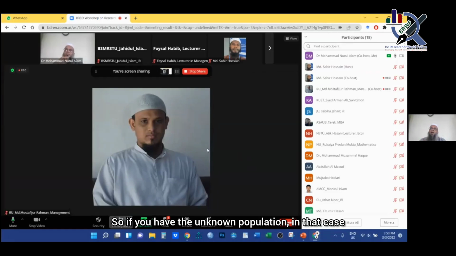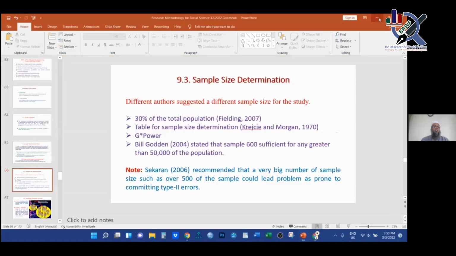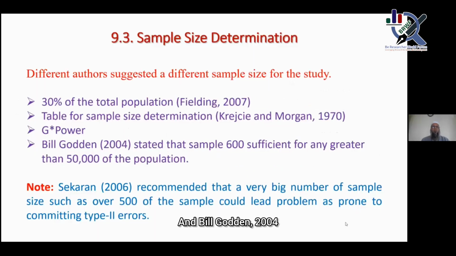So if you have an unknown population, in that case, you have to use G power. This is a software-generated tool by which you can find your total number of samples. And Bill Gordon 2004 stated that 600 is sufficient for any population greater than 50,000.